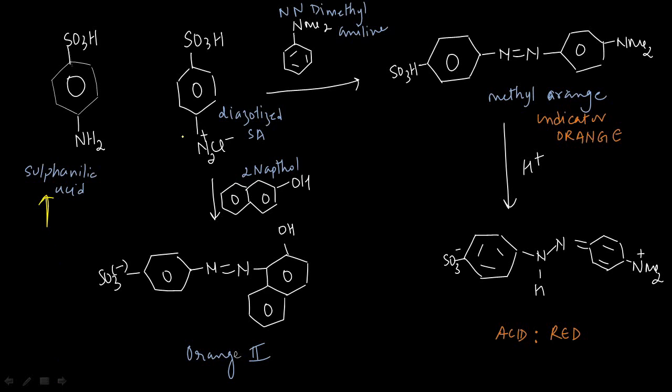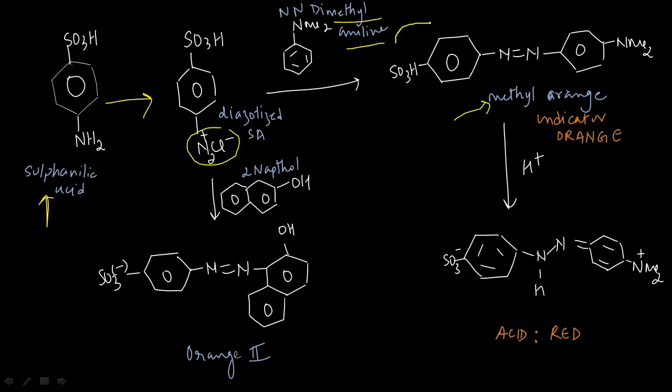We'll go towards the right and downwards. This sulfanilic acid will undergo diazotization. This is 4-amino sulfonic acid, diazotization gives N2Cl minus, and it reacts with N,N-dimethyl aniline and forms methyl orange.